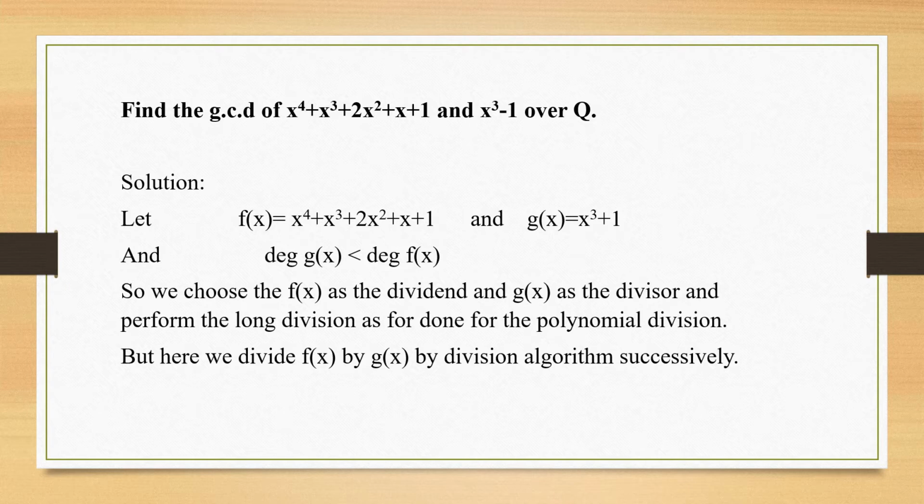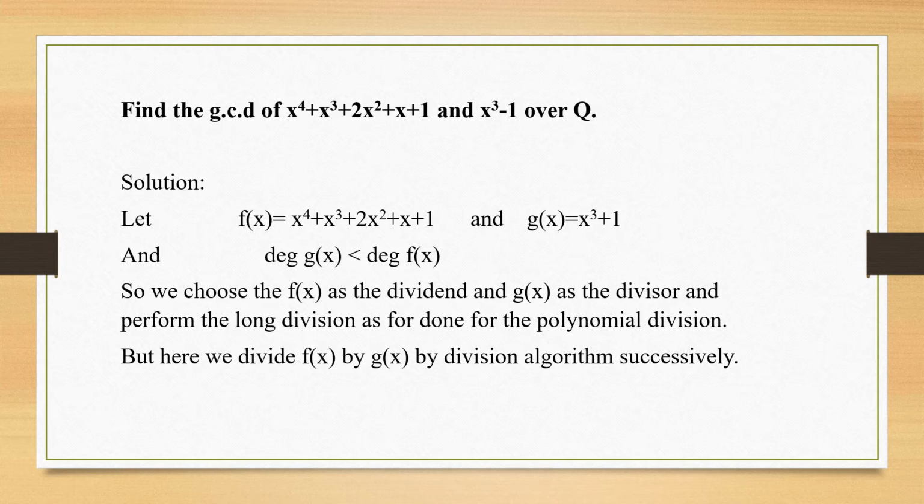I will stop the process, but I will not stop the problem. I will continue with another division where the remainder becomes the divisor. The remainder will take up the divisor position and the original divisor will become the dividend. So there is a big transformation happening in the second division.